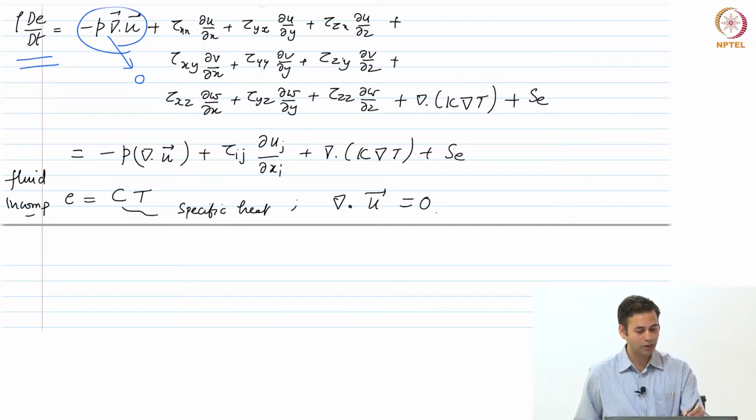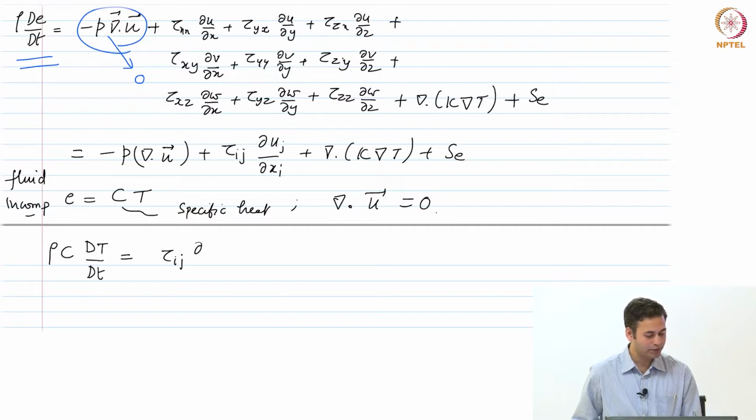So, we can now write down an equation for temperature, that is the energy equation for an incompressible fluid, that is rho times C times dT by dt equals this expression, tau ij partial uj by partial xi, plus del dot k grad T plus S e.